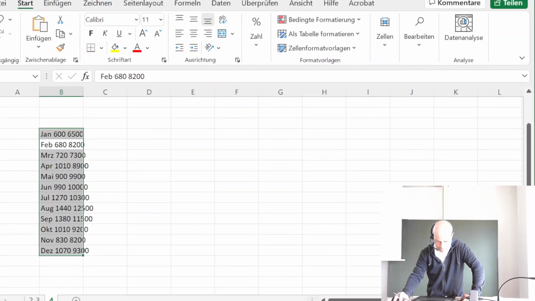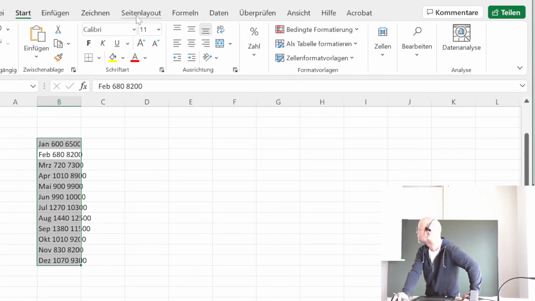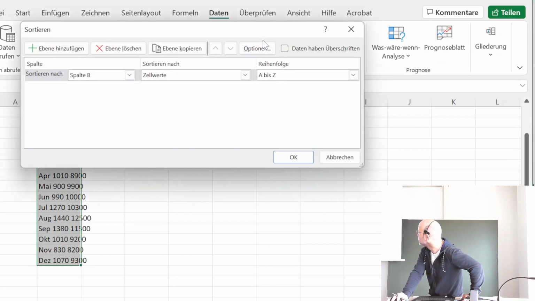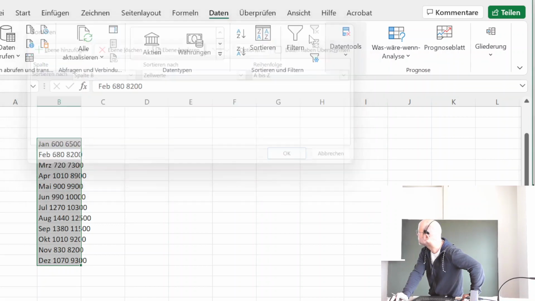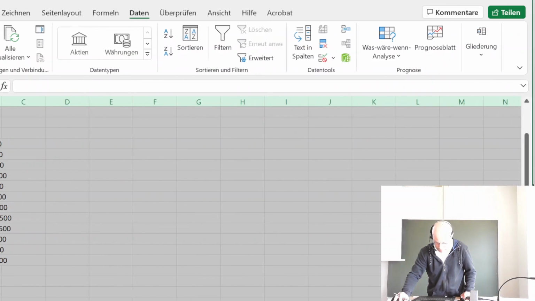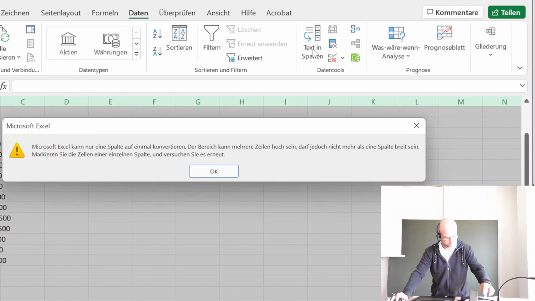Maybe what I'm showing you now is more important than the statistics, because you just go into data and then, not sort, but data tools, not filtering. Where is it? Here we have it.